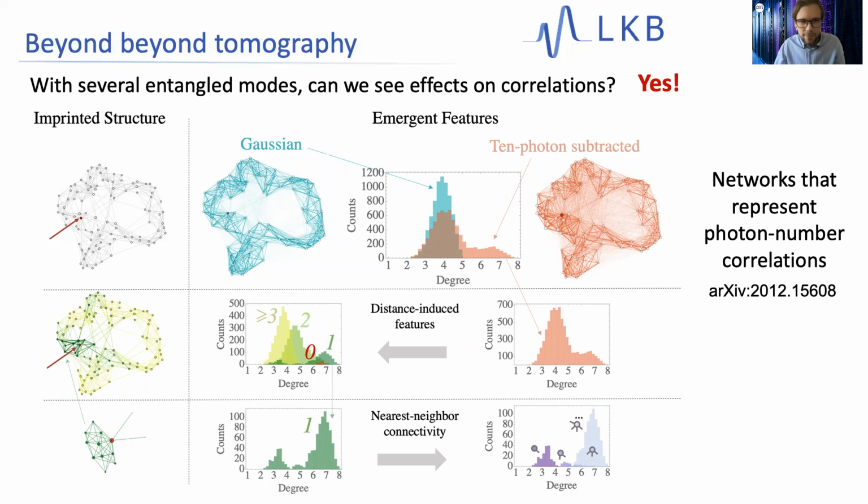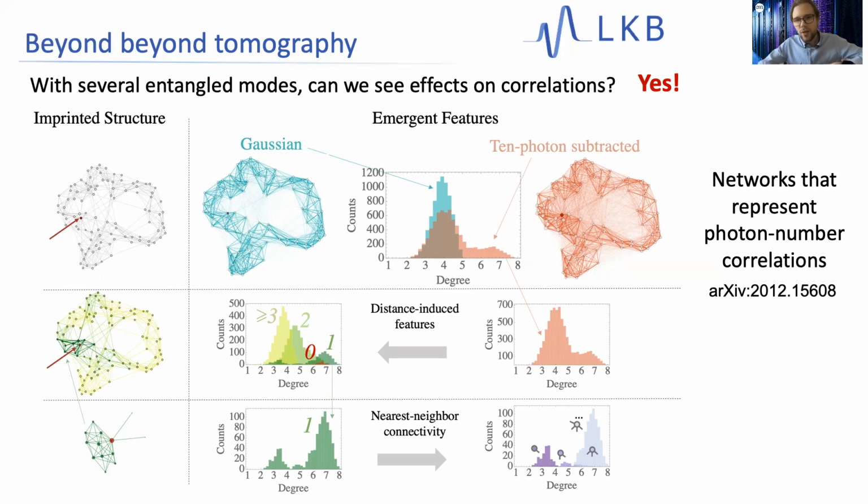And then we tried to figure out how this happens. We found out that there is a big effect of distance, where I talk about distance in this imprinted network of CZ gates. The vertices that are the strongest affected, so the correlations that are boosted the most, are at the vertices around the node where you subtract the photon.